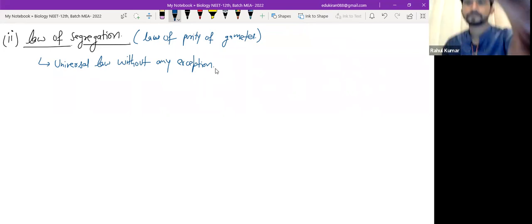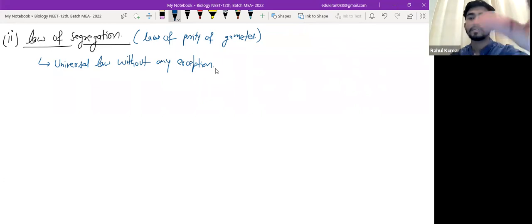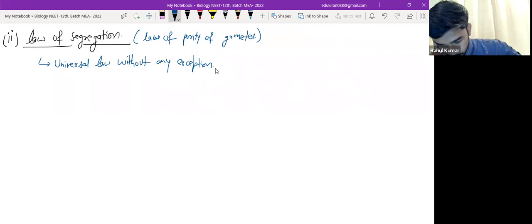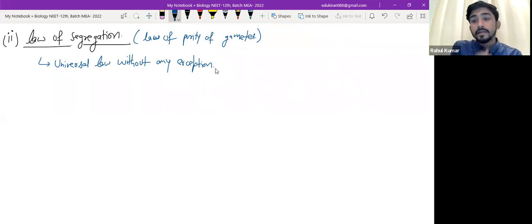Now write down this law. This law states that alleles do not show any blending at the level of gametes.